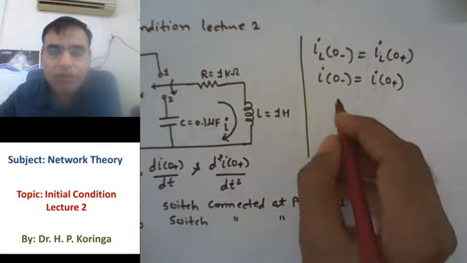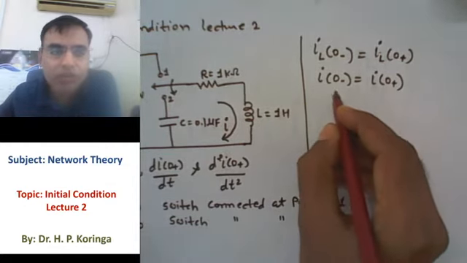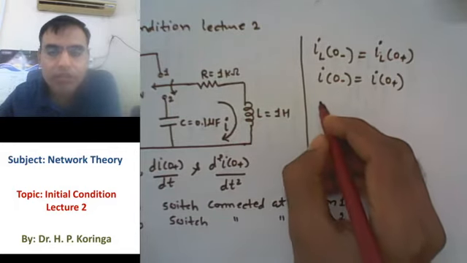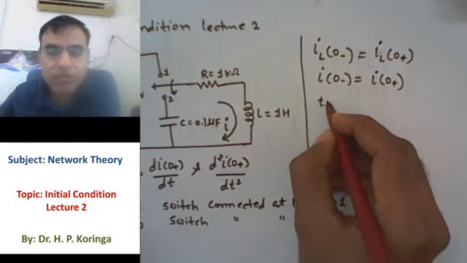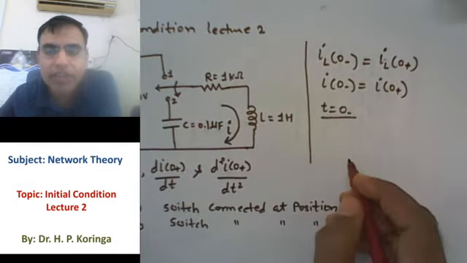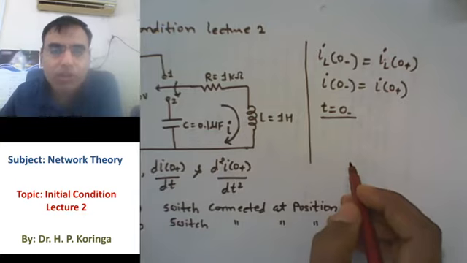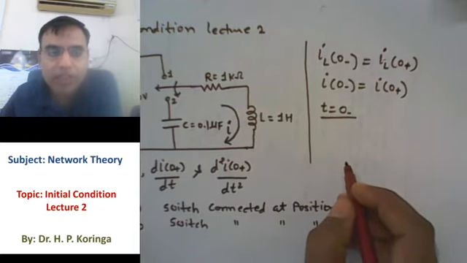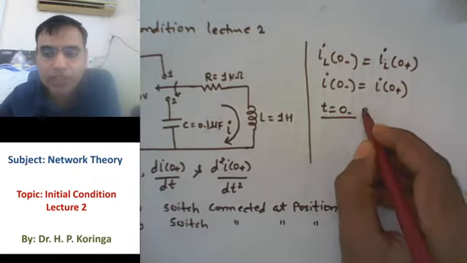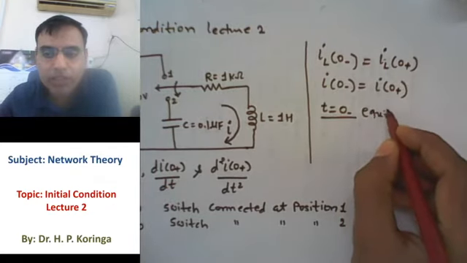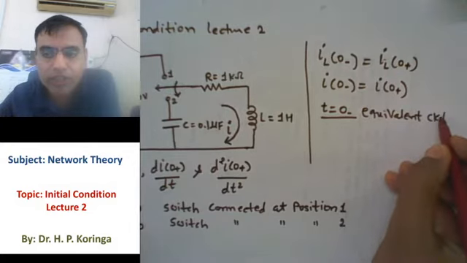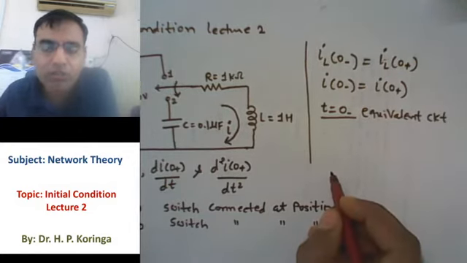Now to find I(0+), we should know I(0-). So let me draw the equivalent circuit at t equal to 0 minus.